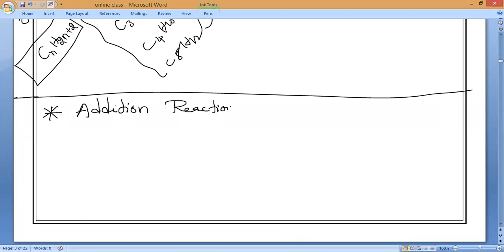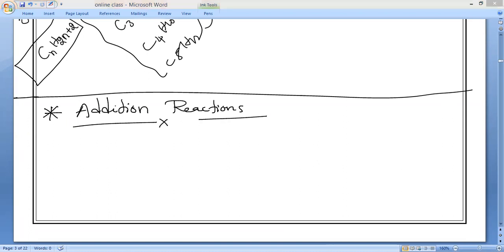Observe, what do you mean by addition? That is what you have to understand first. Remember, substitution or replacement reactions are for saturated or unsaturated hydrocarbons?